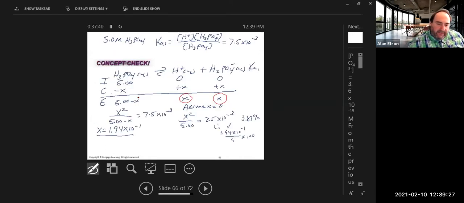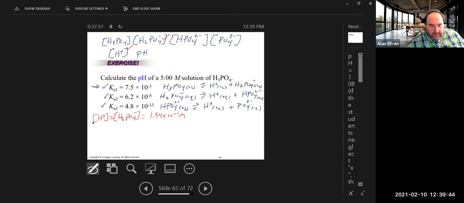We also see from that first table that if we take 5 minus X, that will give us the equilibrium concentration of our phosphoric acid. So if we do 5 minus 1.94 times 10 to the minus 1, gives us 4.81, we'll call it. So we have this guy, which would be 4.81 molar. So off of that first table, we were able to pretty much get 3 concentrations, which is good. We're still, though, interested in HPO4 2 minus, which means I see that over here.